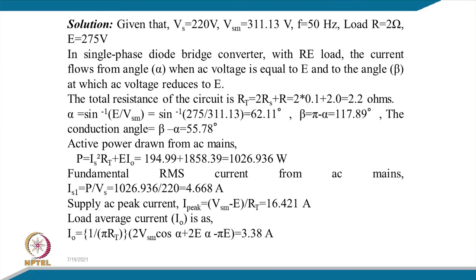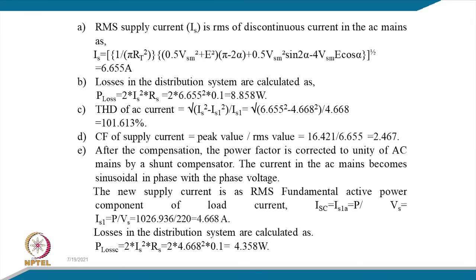Now, you can find out the parameters from this, the RMS of the supply current of this discontinuous current of the AC mains, from this relation: 1 upon pi Rt square, and then in bracket 0.5 Vsm square plus E square into pi minus 2 alpha plus 0.5 Vsm square sin 2 alpha minus 4 Vsm E cos alpha.